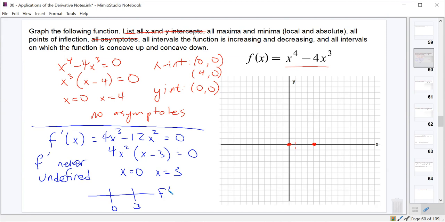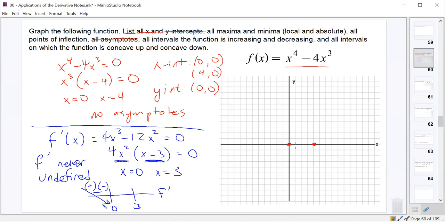So if I plug a negative value into 4x squared times x minus 3, let's say negative 100, 4x squared becomes a positive, and negative 100 minus 3 is a negative. And we can see overall that's negative, which means our function is decreasing from negative infinity to 0.